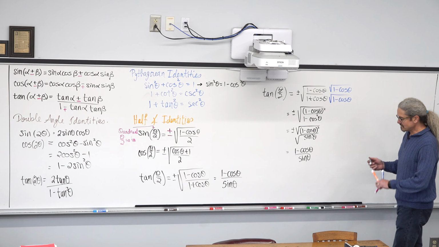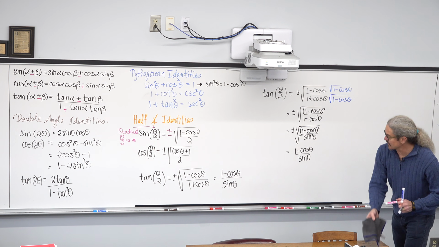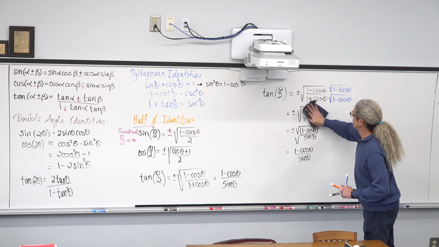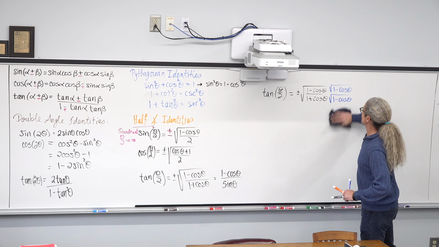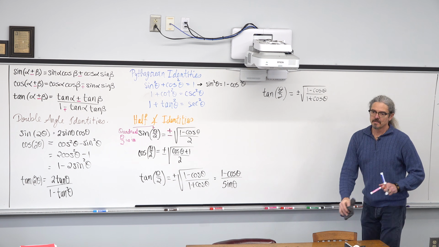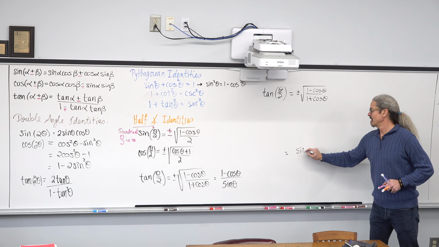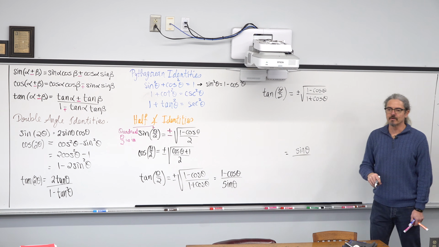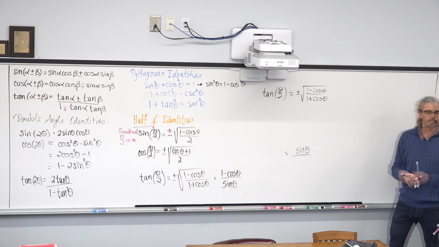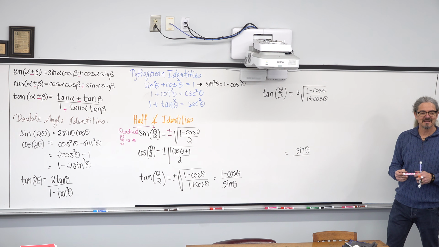Now, I'm not going to walk through this whole thing because of time, but there is another version of this identity where sine of theta is in the numerator, not the denominator. Any guess? Charlie?